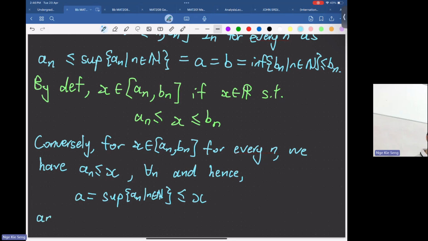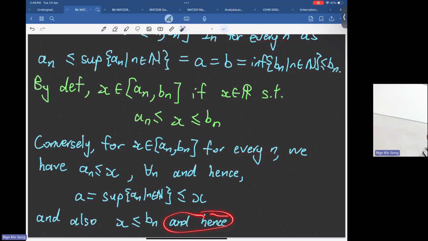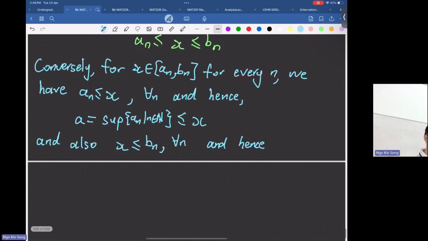On the other hand, because X is always in this set, X is also always less than or equal to Bn. So in particular, this X is a lower bound for Bn. So I can use a similar argument to say that X is less than or equal to the greatest lower bound.